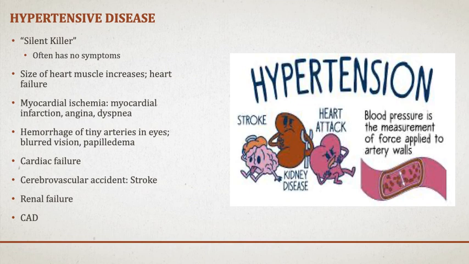Now, getting back to the stroke. A stroke occurs when vessels in the brain rupture and bleed. So say there's a little aneurysm that's developed, and that aneurysm gets larger and larger because that hypertension, that blood pressure, is going at such a high resistance in those vessels.